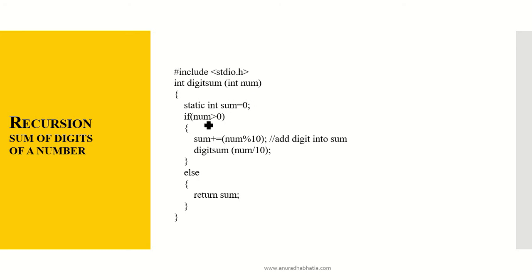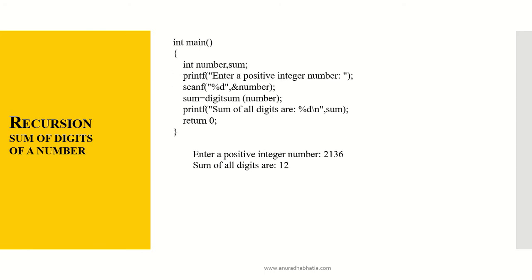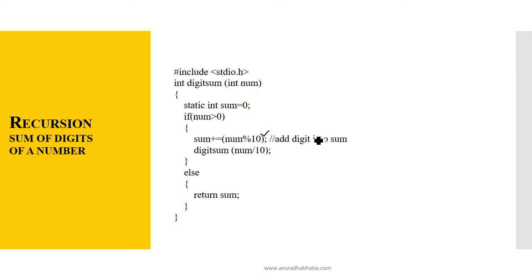I pass it, it comes over here. When it comes over here, it checks if the number is greater than 0, says yes. So sum plus equal to num mod 10. You will see this will give me the remainder. If the number that I have taken is 2136, when I take the mod function, 2136 mod 10, my answer is 6.